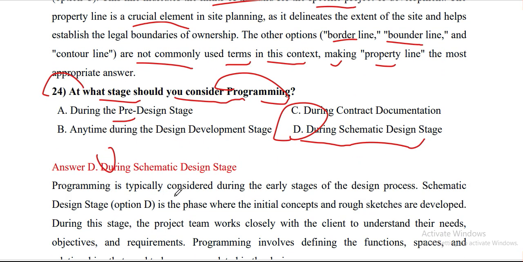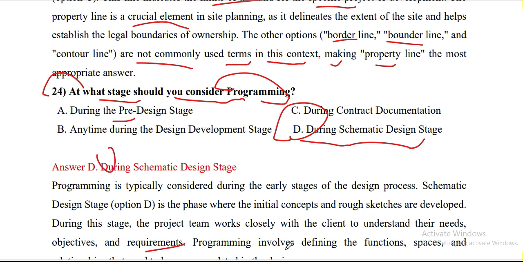Programming is typically considered during the early stages of the design process. The schematic design stage, option D, is the phase where the initial concept and rough sketches are developed. During this stage, the project team works closely with the client to understand their needs, objectives, and requirements.